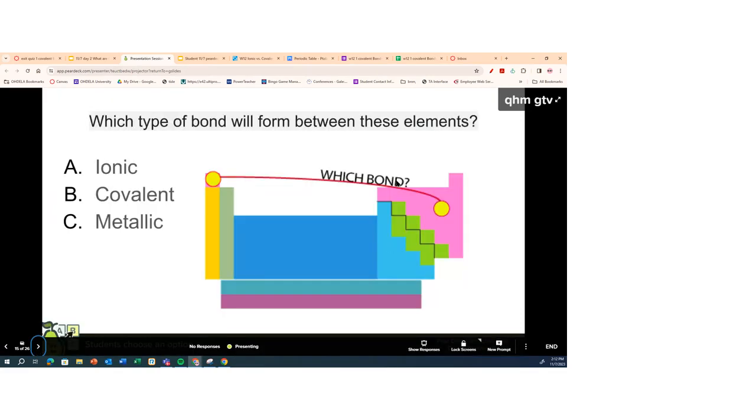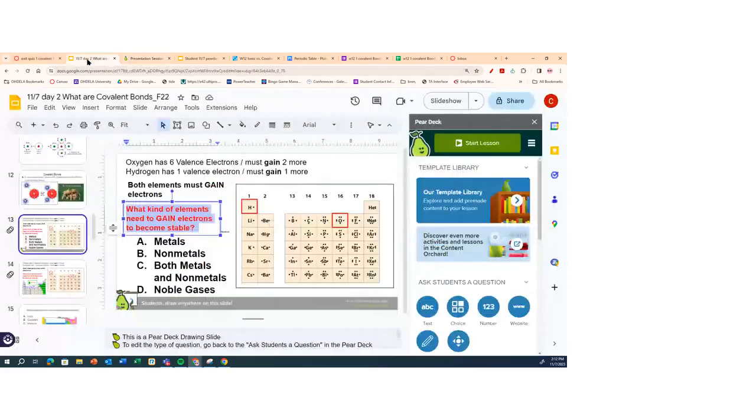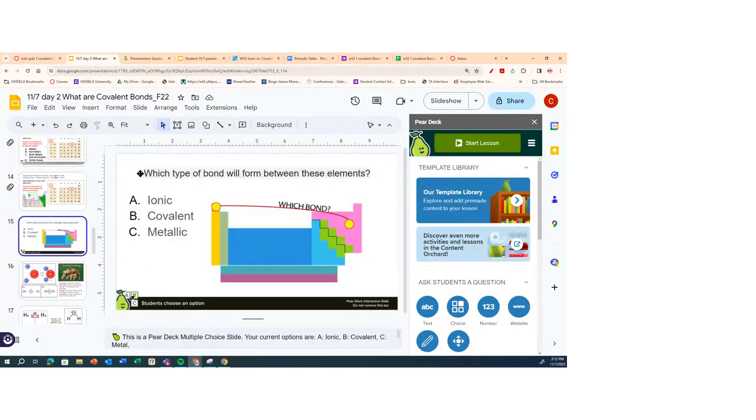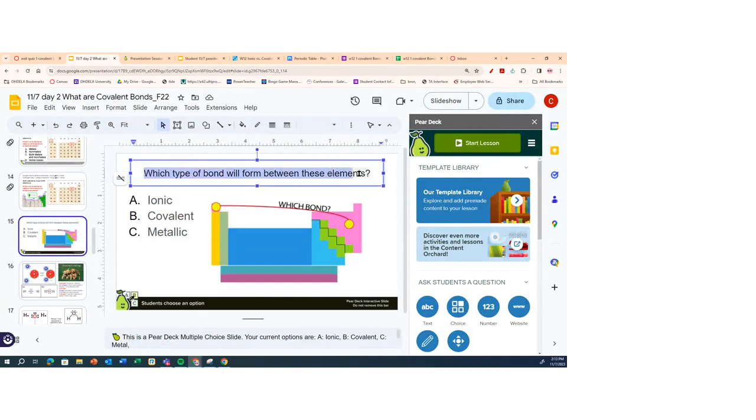Okay, so let's see about this element here. Let's see if we can do this question here. Thank you guys for paying attention here. Question: which type of bond is formed between these elements? Okay, and again, this is using your periodic table. This is one of those questions that you will see on the state exam, right?